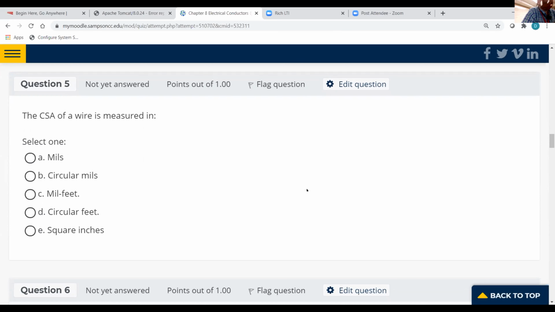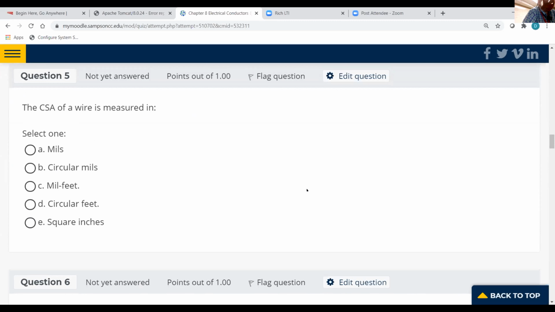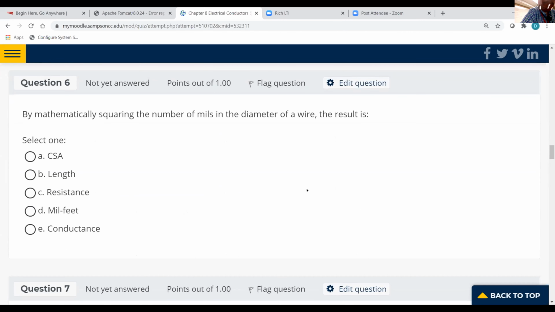Okay. Mills. Well, is it just mills? Or no. Circular mills. Okay. Now, by mathematically squaring the number of mills and the diameter of a wire, the result is, right.